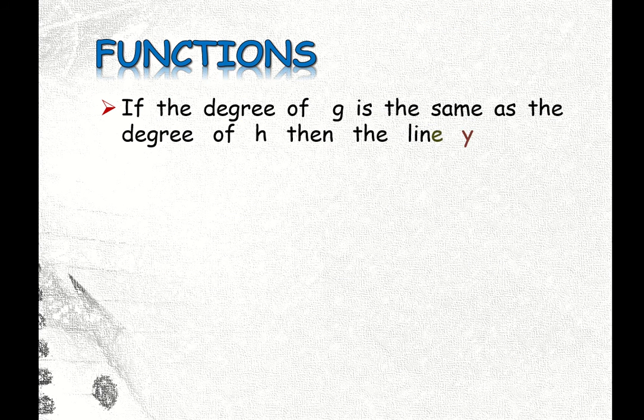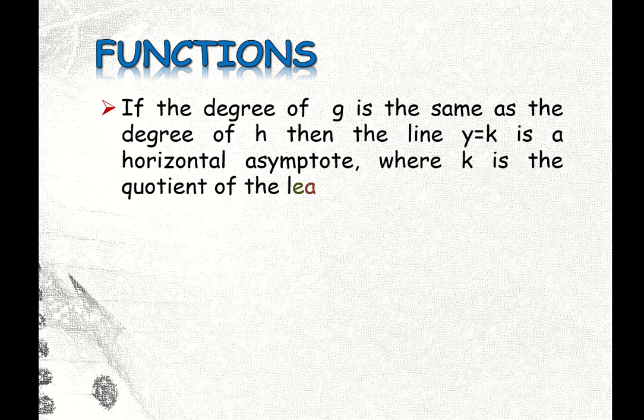If the degree of g is the same as the degree of h, then the line y equal to k is a horizontal asymptote, where k is the quotient of the leading coefficients.